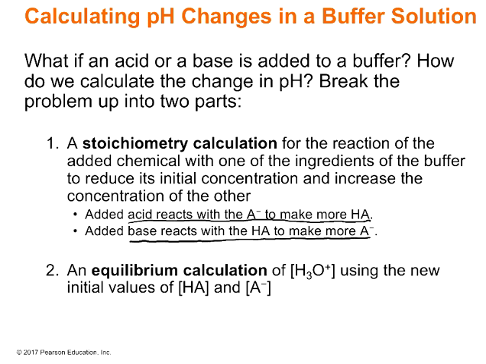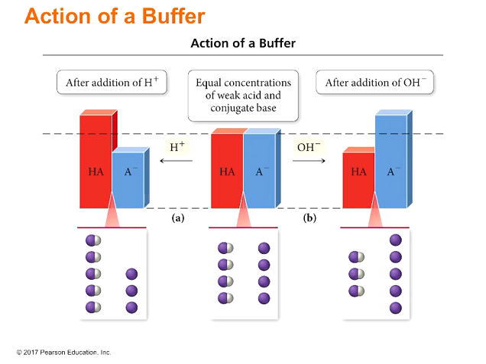But actually first, I want to show you a visual of what's going on here. In this figure, we have our buffer in the middle. Initially we have equal concentrations of weak acid and its conjugate base.